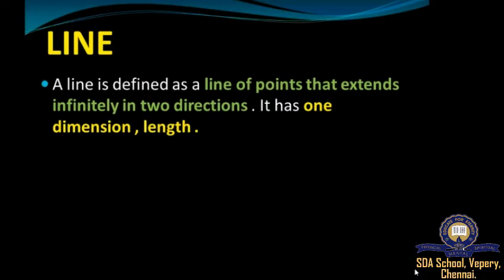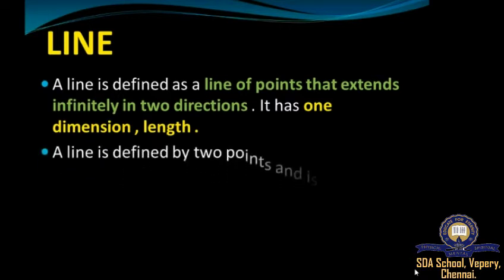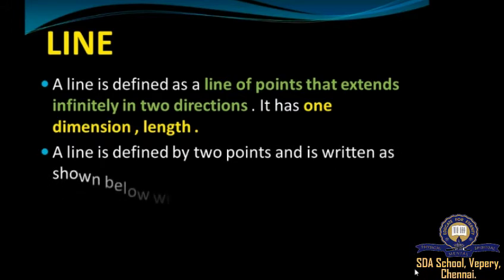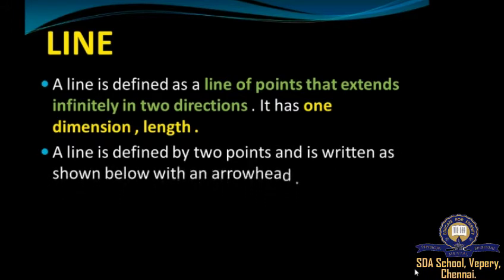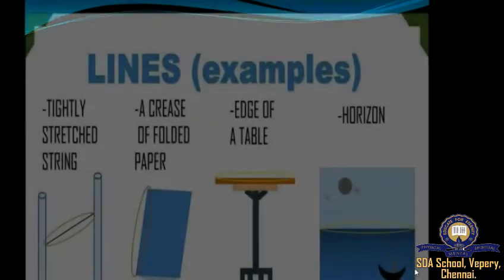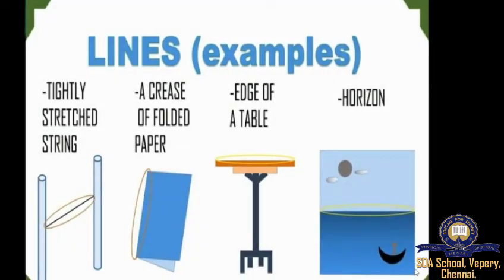It has only one dimension, that is length. A line is generally defined by two points and is written with an arrowhead. You generally represent a line with a double arrowhead, so you'll be drawing an arrowhead above AB. This represents a line.